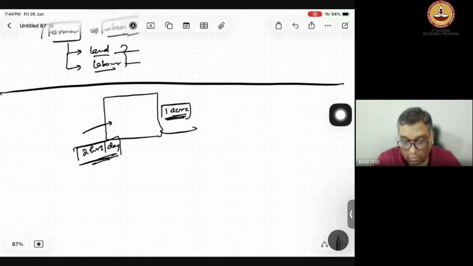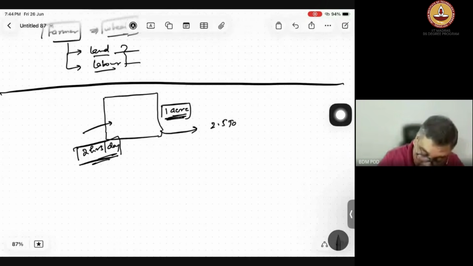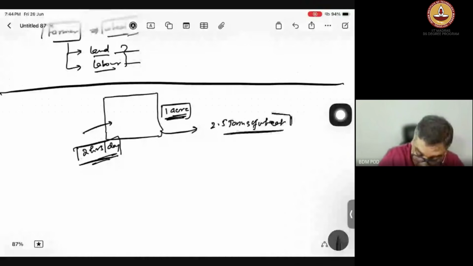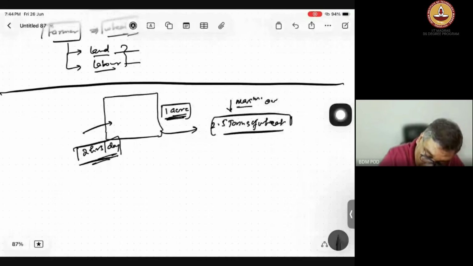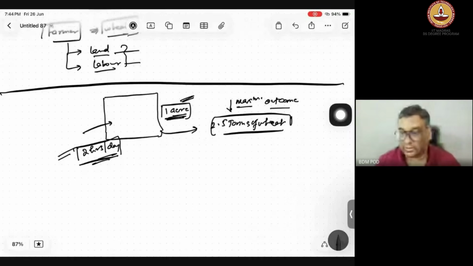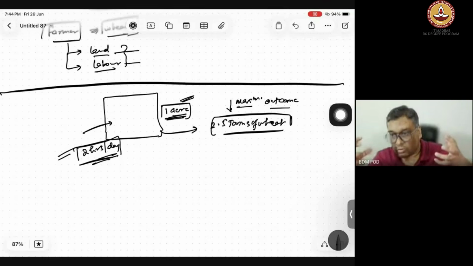The output we get is 2.5 tons of wheat. This is the maximum outcome we get when we utilize these resources. This relationship, where we relate the input with the output, is called a production function.